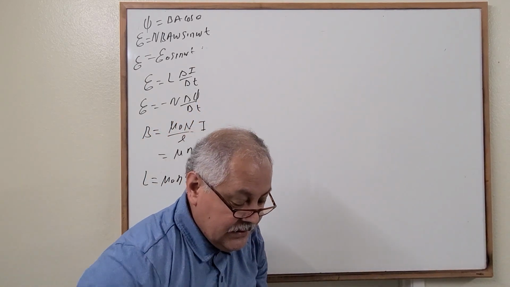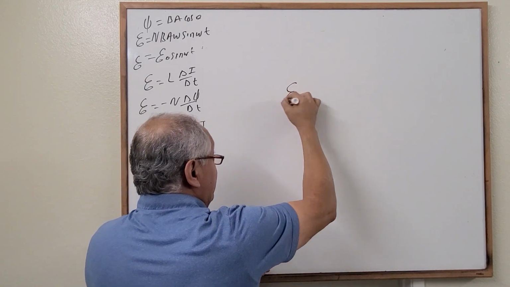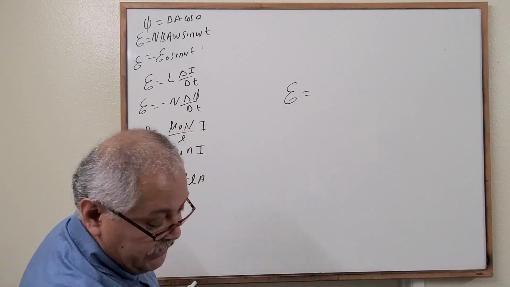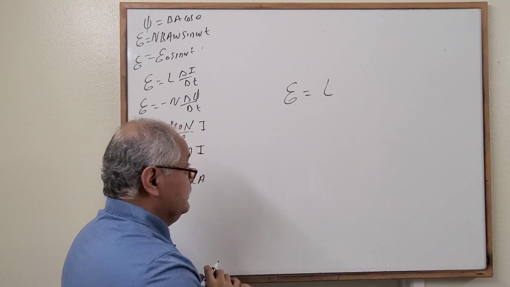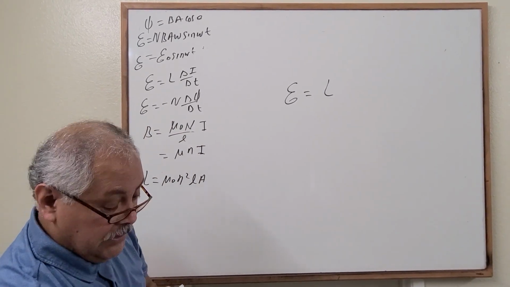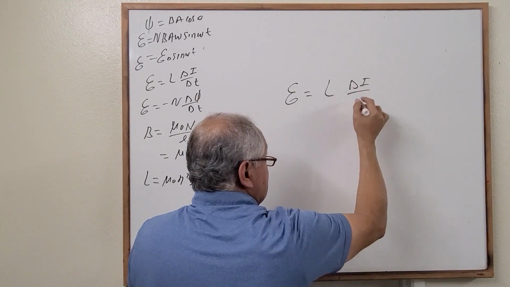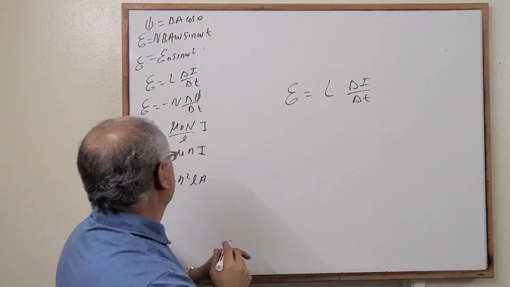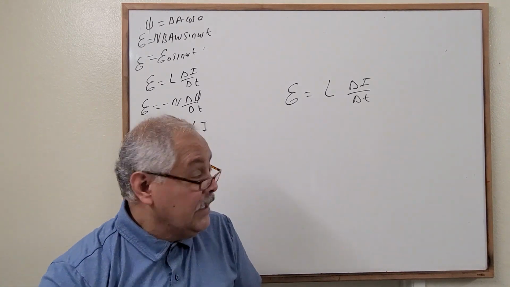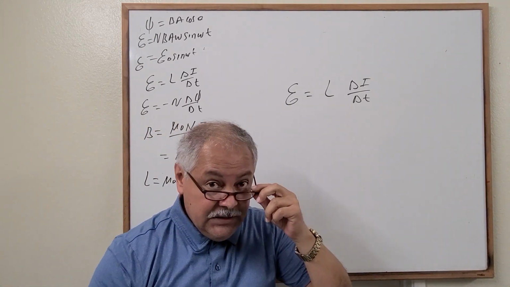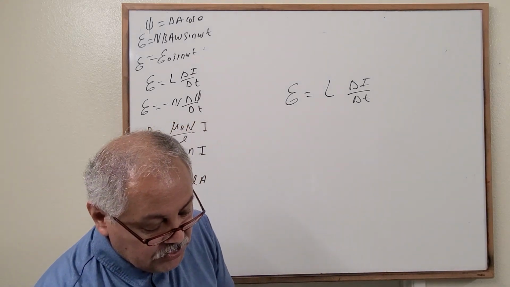So we have that the electromotive force, one more time, in a solenoid is equal to L times the change in current with respect to time. Perfect. Now, the current again is changing. It goes from 0 to a maximum.